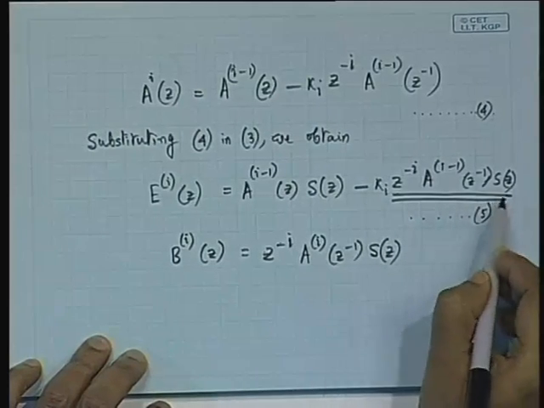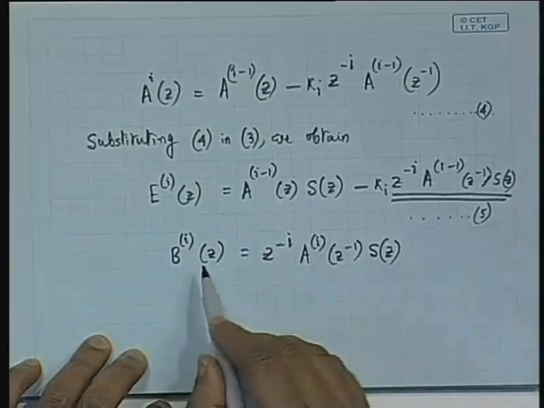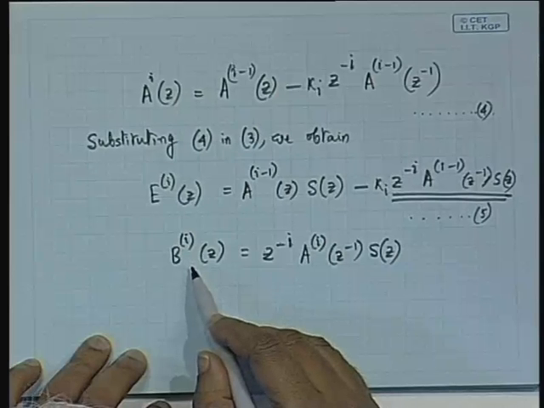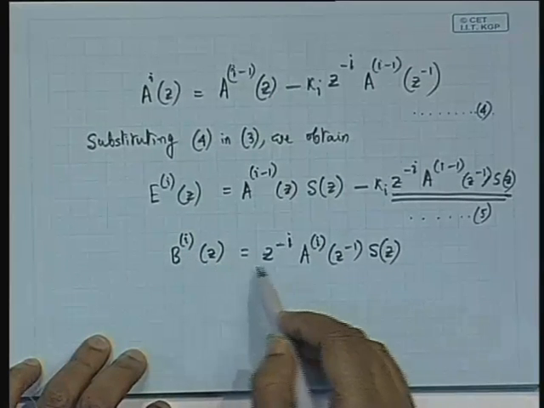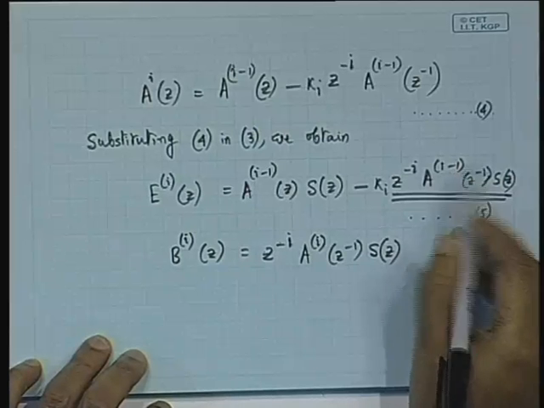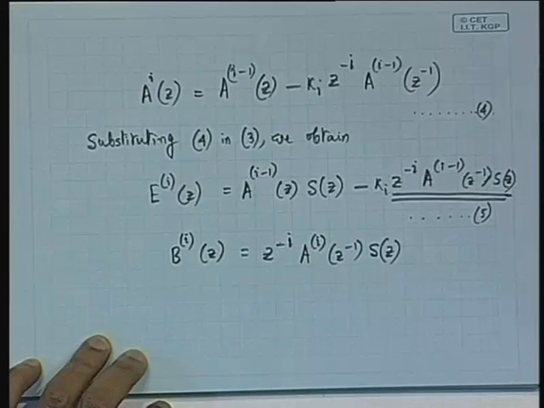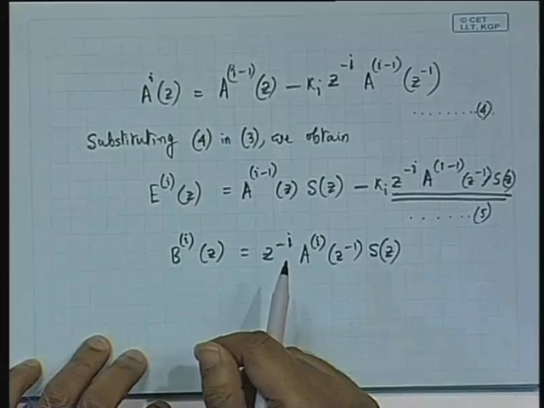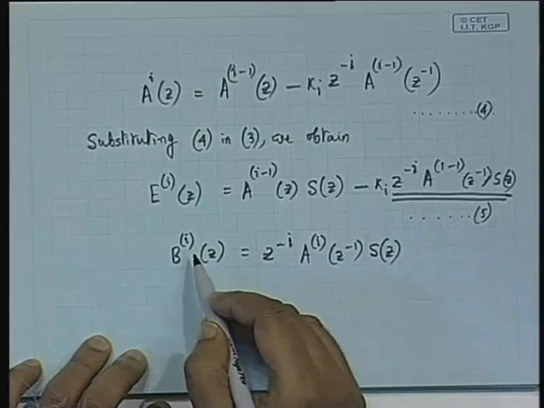What remains over here is this expression, and we are calling this B_i(Z). Of course, here it is i minus 1, so automatically this will become B_{i-1}.